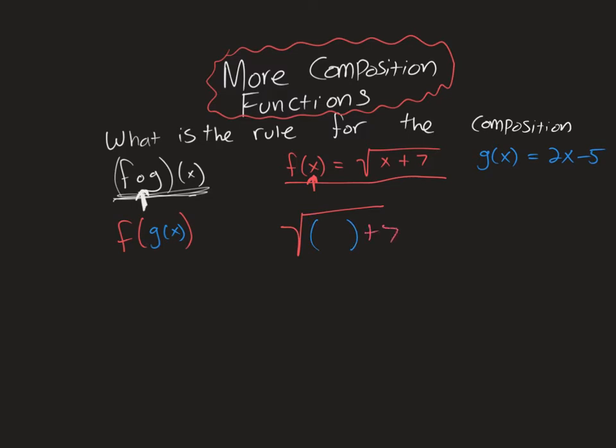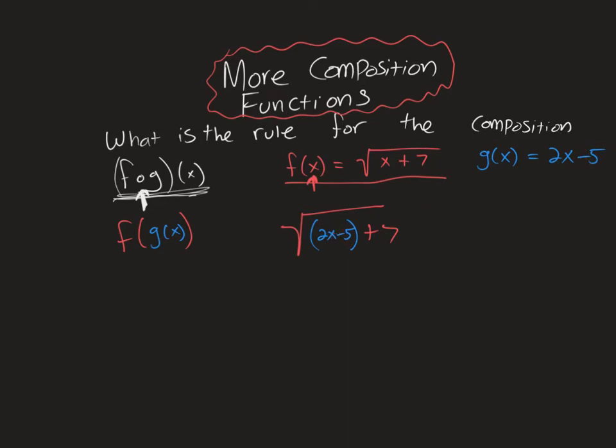And what is that stuff? That stuff happens to be g of x. So g of x is 2x minus 5. So we've essentially replaced the x with g. In the equation, the x gets replaced with the thing that we called g.